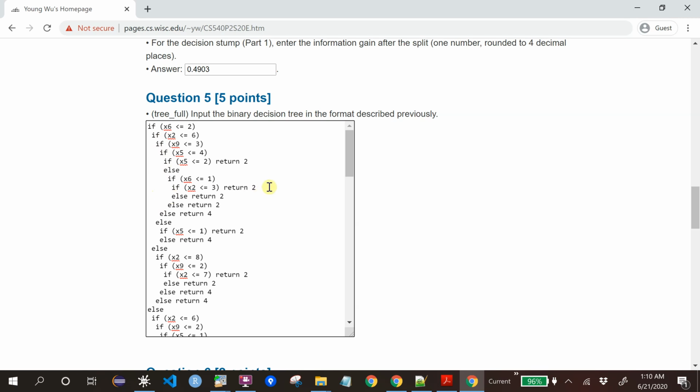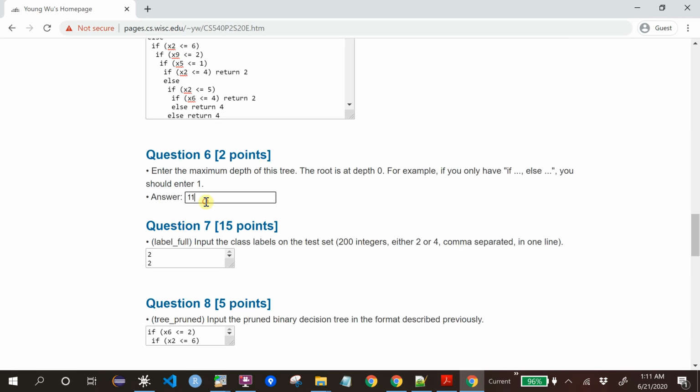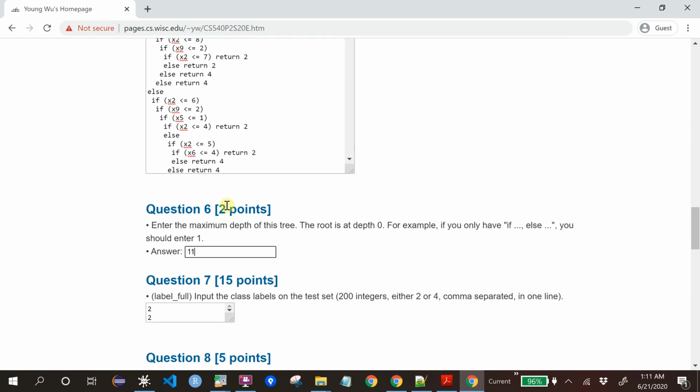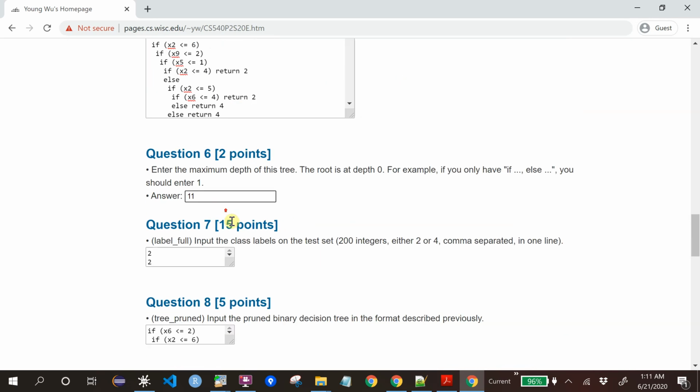Everything else you do need to have. You need the smaller-or-equal sign, you cannot have a greater sign, for example, and you need return to be spelled correctly, and so on. That's basically the 5 points here. The 2 points is just a sanity check that you are computing the depth correctly, because you need it for part 8.